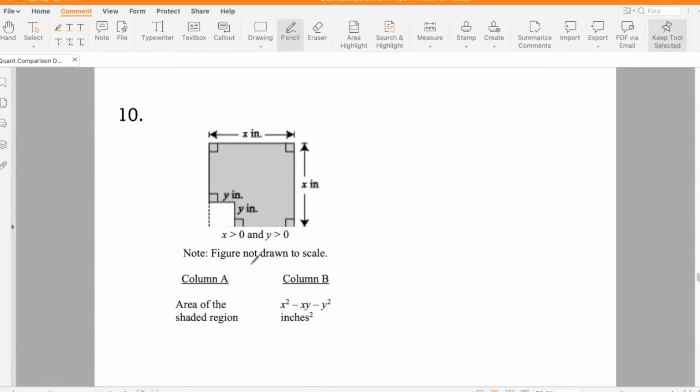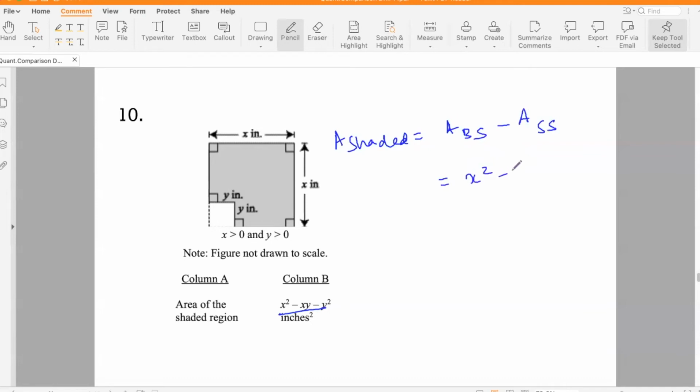Question 10. So this is a big square of side x, in which we have a small square of side y. And column A is the area of the shaded region and column B is this quantity. So the area of the shaded region, you can see from the diagram, will be the area of the big square minus the area of the small square.